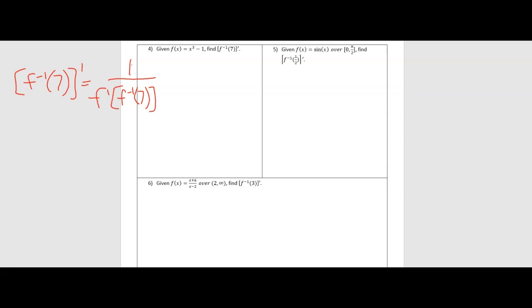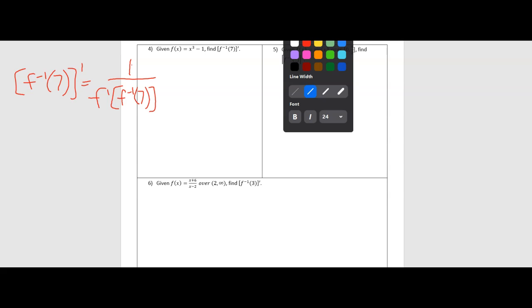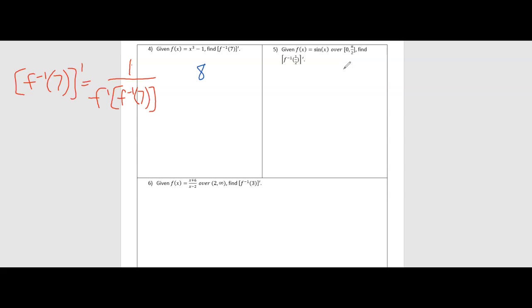We're not given that value, but if we're trying to find f inverse of 7, we can look for where the original function equals 7, right? If 7 is in the domain of f inverse, that means it's in the range of f. So I set my original function equal to, not 8, but 7.